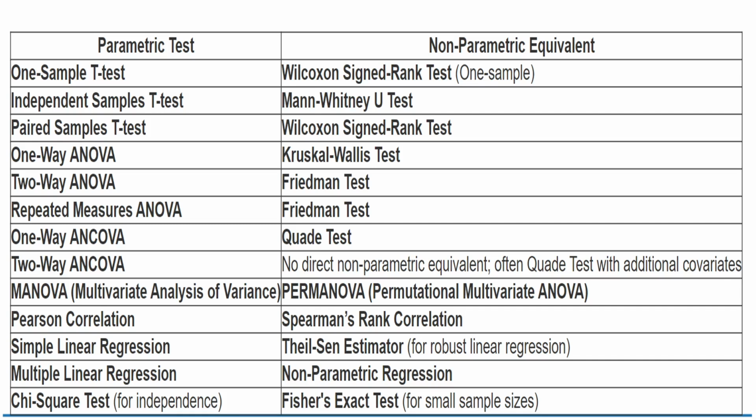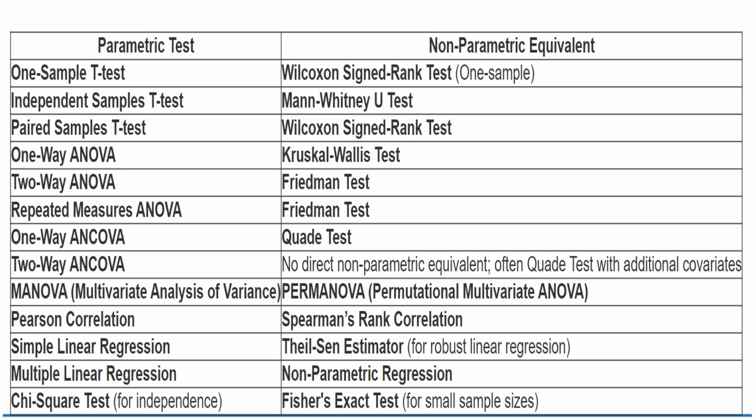On the other hand, for non-parametric tests, for the one sample t-test we can go for the Wilcoxon signed rank test for one sample. You will get more details about it in our later discussion. For the independent t-test it will be the Mann-Whitney U test, and for the paired sample t-test the Wilcoxon signed rank test. There may be a little bit of mistake, sorry.